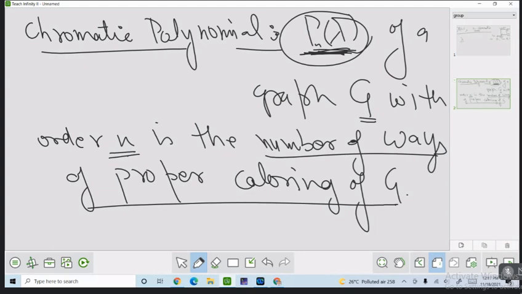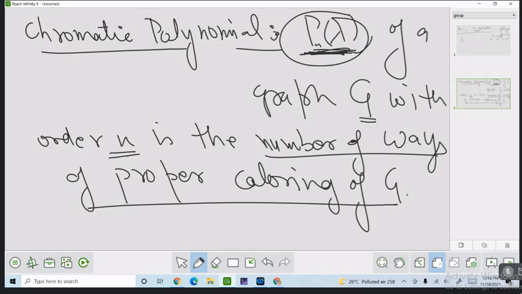For a general graph with any order, we cannot decide its chromatic number or polynomial. No exact method exists in the literature.